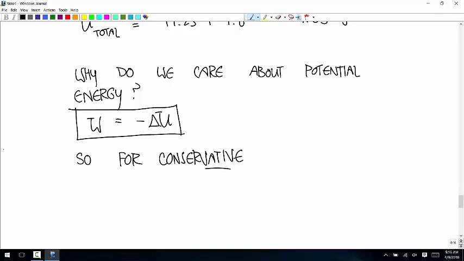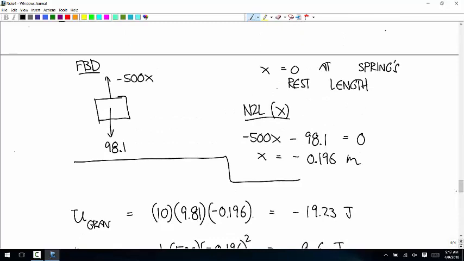So how do we know that that's the x value? In this problem, we were just talking about this thing hanging there, so there was no acceleration or anything. We just calculated this x so that those forces balance.